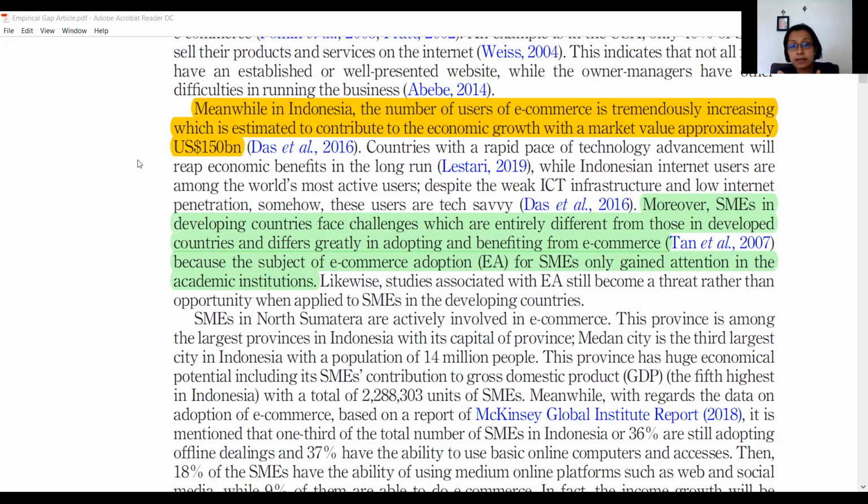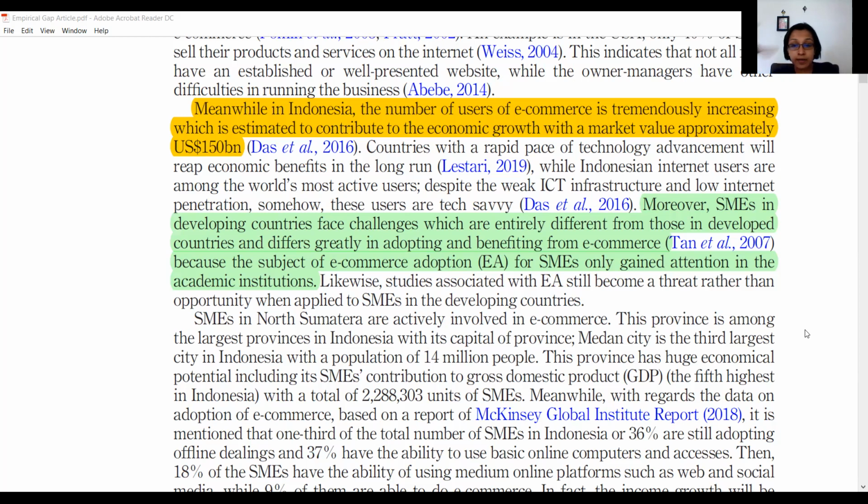Okay, so then there is an issue to address. What is the issue? Developed countries' SMEs are adopting e-commerce more than the developing countries, right? So that issue has to be addressed, and this study is going to address it through Indonesia. Why Indonesia? Because Indonesia is a developing country.